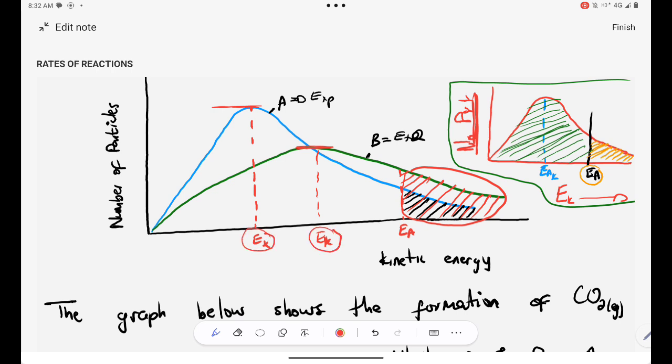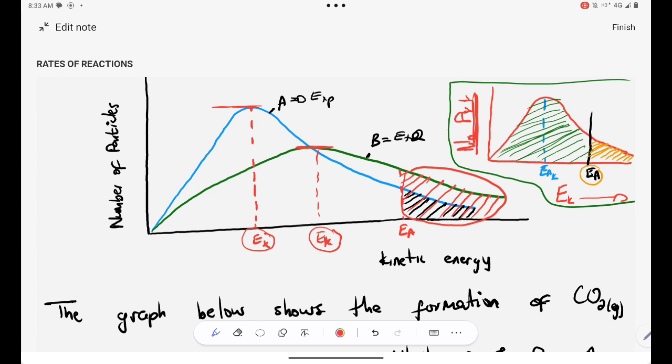Why? Because by increasing temperature, you increase the kinetic energy of particles, and that means the average kinetic energy of our particles will also increase.